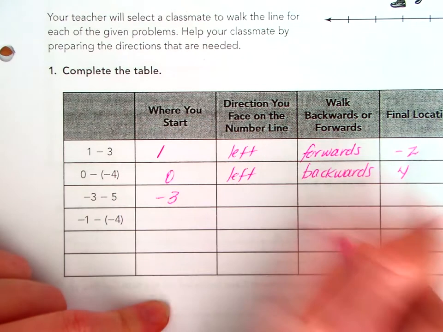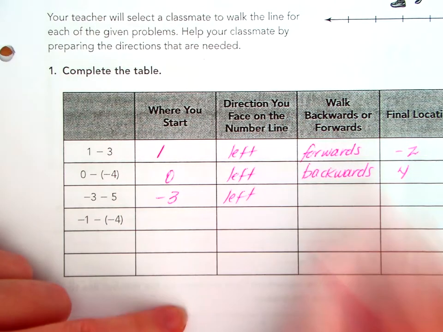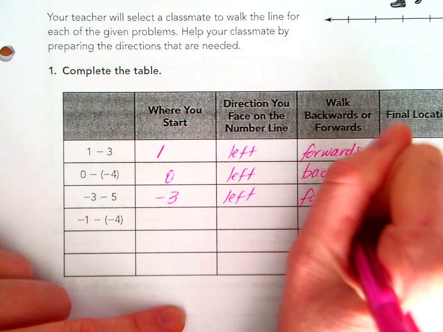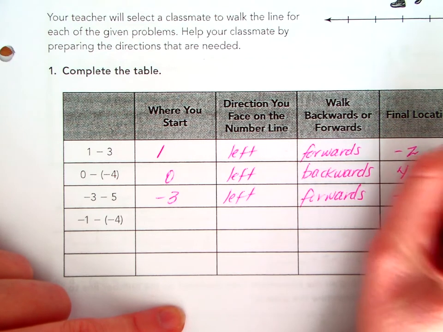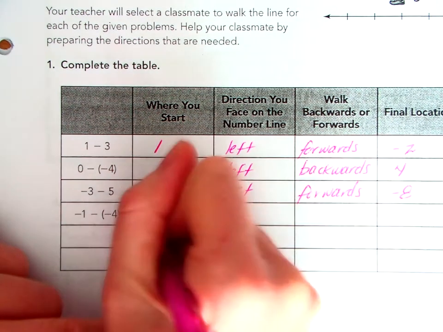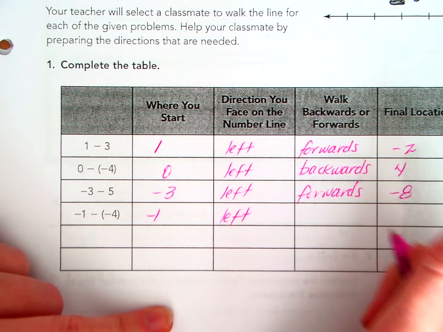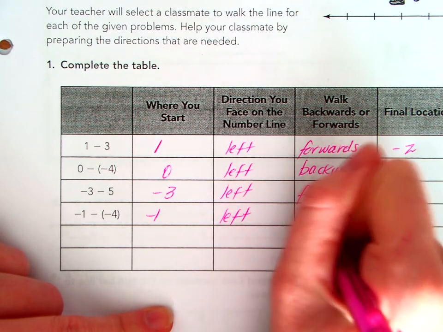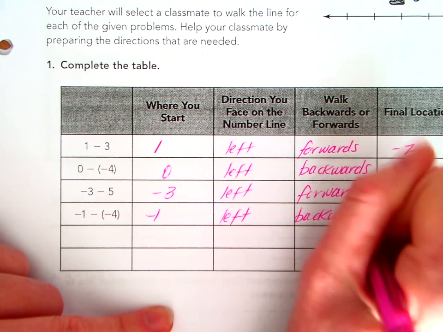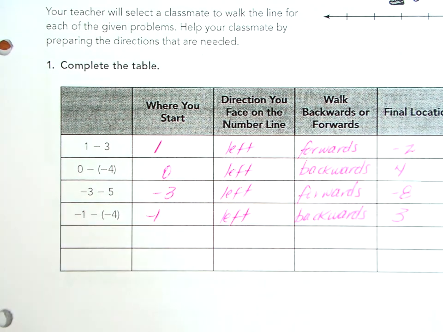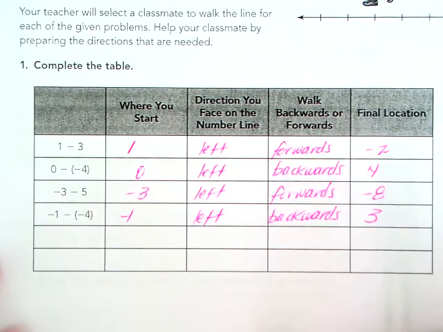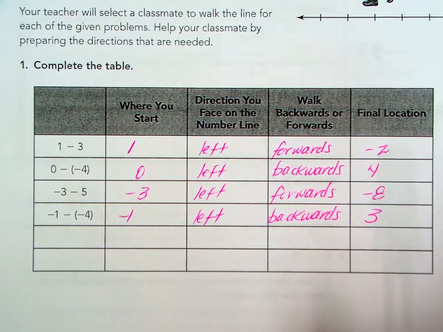You're at -3, you face left, you walk forwards, and you are at -8. You're at -1, you face left because you're subtracting a negative number, so you're going to walk backwards, and you're at +3. So we did all that in class together. You should have those notes already. Good. We'll keep moving forward.